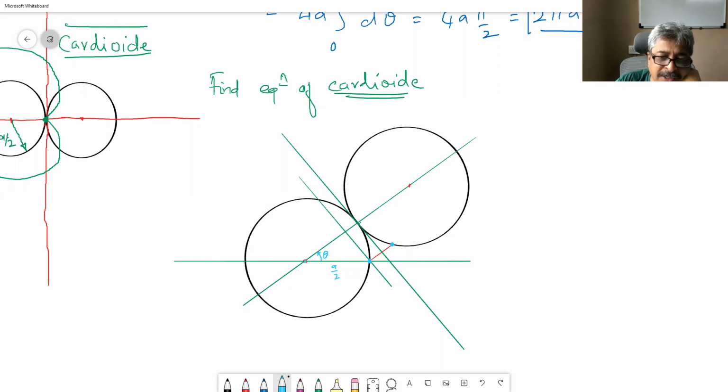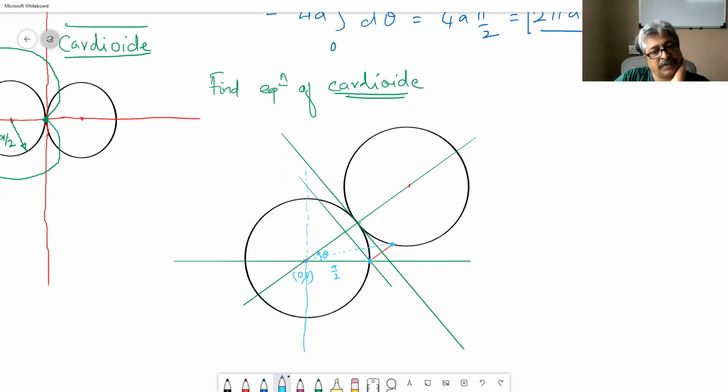Let us take this as the center and this as the origin, 0, 0, and this is a by 2, and then this was the circle. So what we are interested in is, after rotation by theta degrees, at what distance this point is. Is that the thing we want to find out? Yes. No.